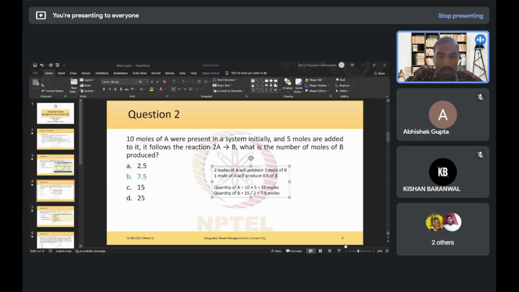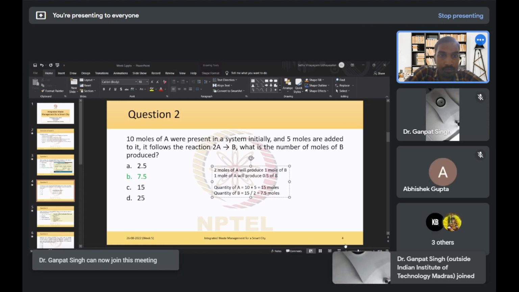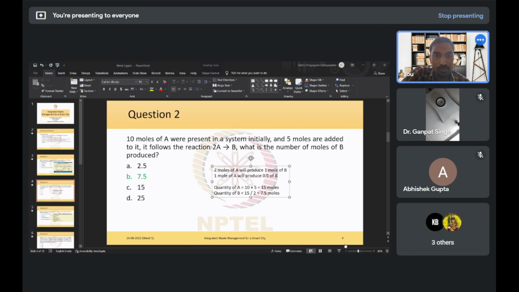Is the solution clear? Why it is 7.5? Anyone?